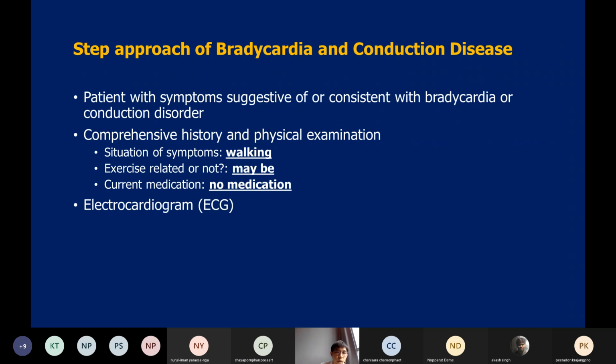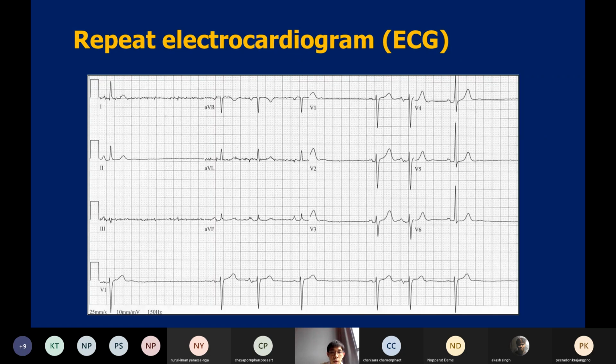She answered that the symptoms occur while walking, and is it exercise related? She answered it may be. The important question is whether there is any current medication that could cause bradycardia. In this patient there is no medication at all. She didn't take any medication currently. And the ECG we have done already, so we repeat the ECG here, and the ECG is shown here.